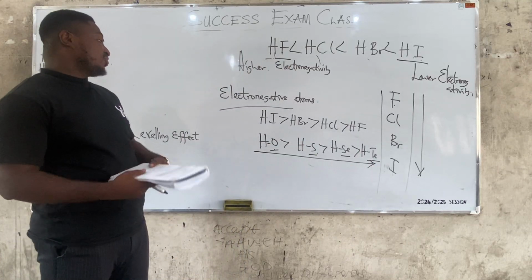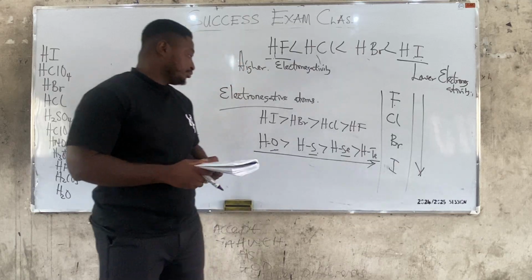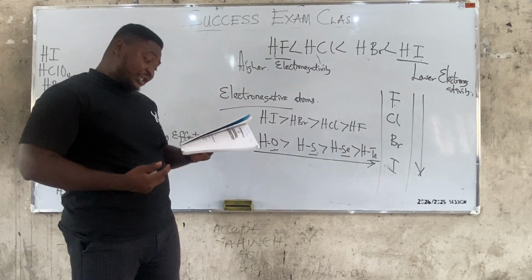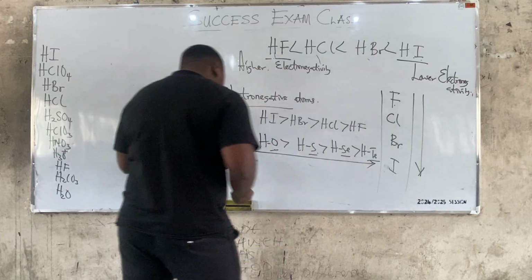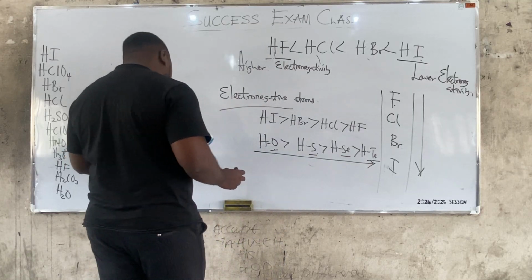So the one that has the strongest acid is H-O, followed by H-S, followed by H-Se, followed by H-Te.